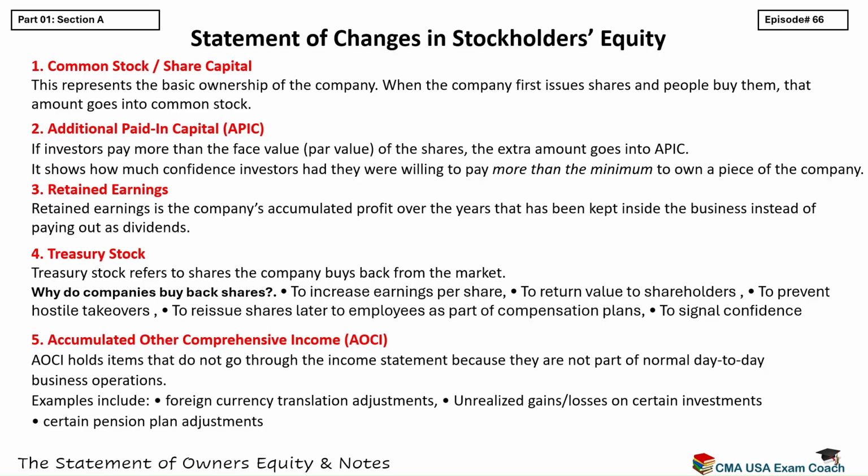These gains or losses sit in AOCI until they become realized. It's like a special bucket for items that affect equity, but not the income statement. Together, all these components show how much owners invested, how much profit the company has kept, how much it spent to buy back its own shares, and gains or losses that have not yet gone through net income.